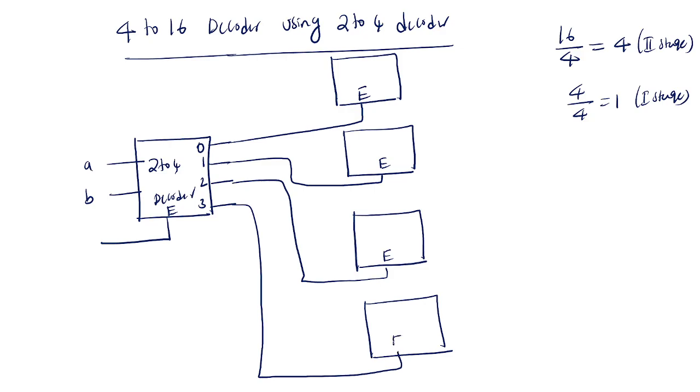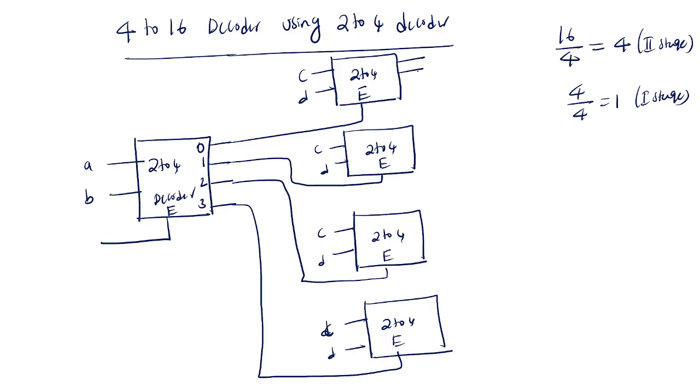This is 2 to 4. Here the inputs are C and D, common inputs for all of them.